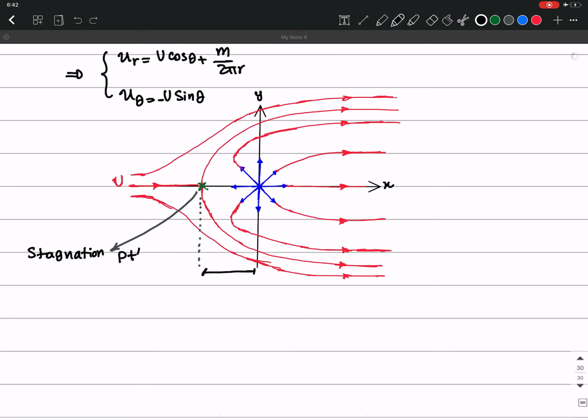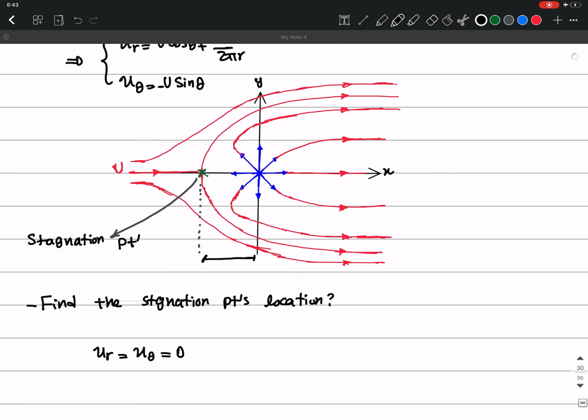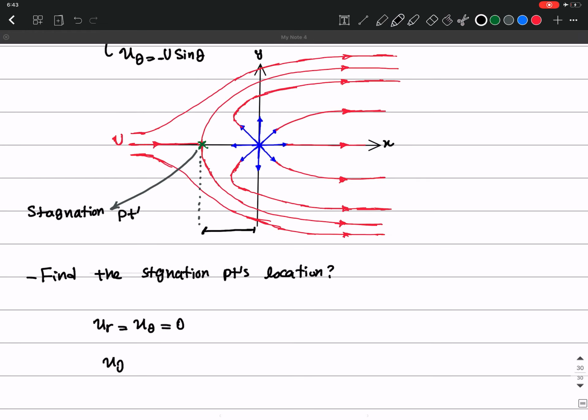Okay, so let's start to find the stagnation point's location. At the stagnation point, we know that all the velocities are 0, so U_r equals U_theta equals 0. From this formula, we see that U_theta becomes 0 when sine theta becomes 0, so it occurs at theta equals 0 or theta equals pi.